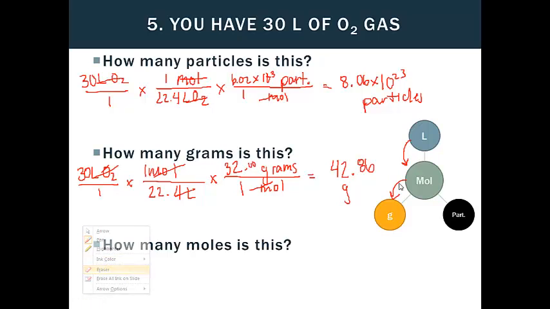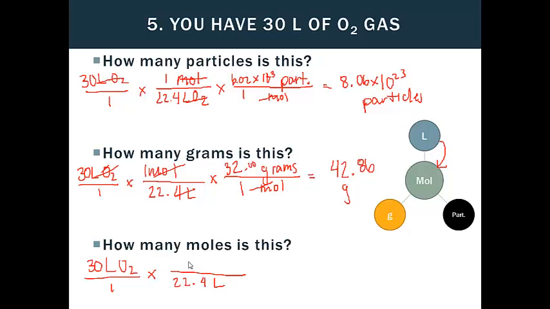The last calculation is only a one-step calculation, and you've already done the calculation twice. I just want to take liters and convert it to moles, and then I'm done. So I've got 30 liters of O2, and I want to convert liters into moles.